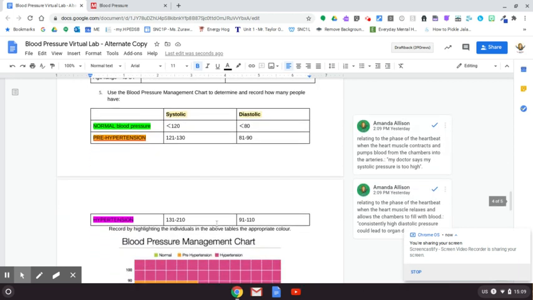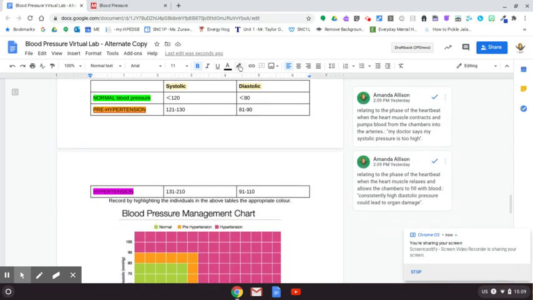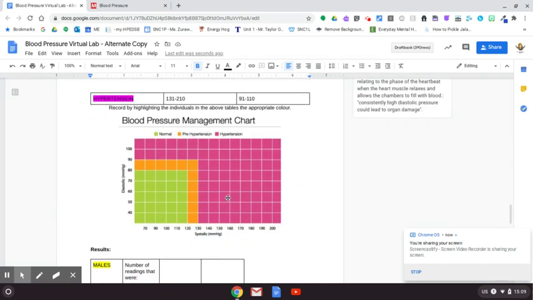You could either use the highlight feature or the fill feature in your Google Docs to do that.